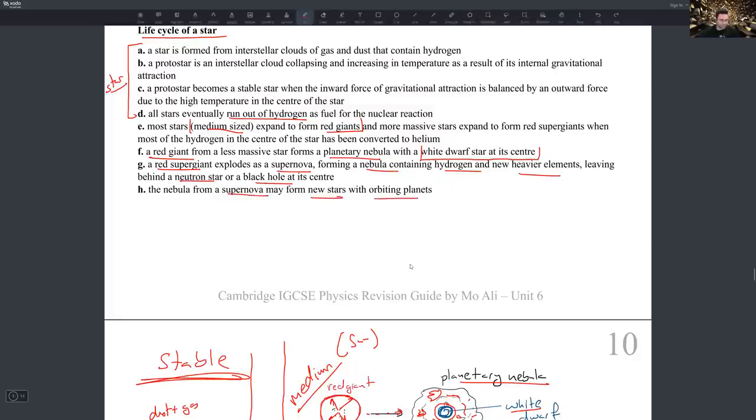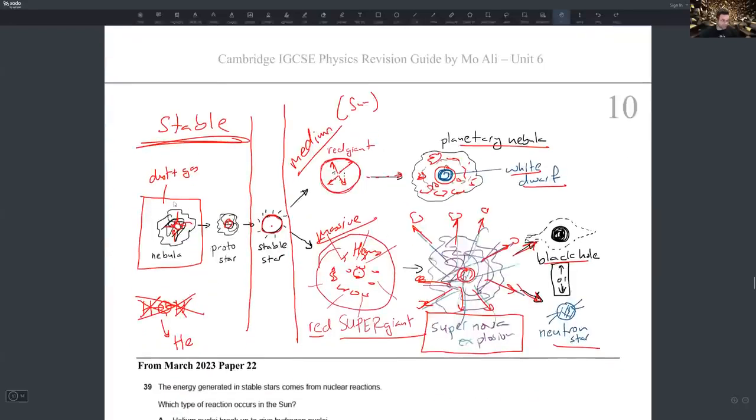قصة جديدة بقى. So again, تاني, how does a star start? We start with an interplanetary nebula, just nebula, dust and gas. Gravity forms a protostar, بيحصل nuclear fusion, temperature increases to a star.